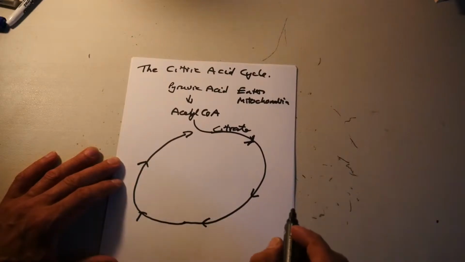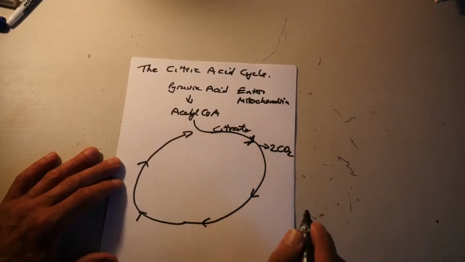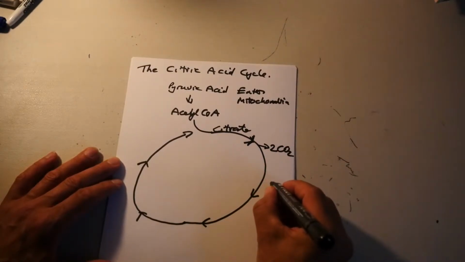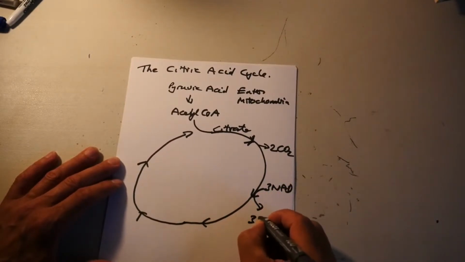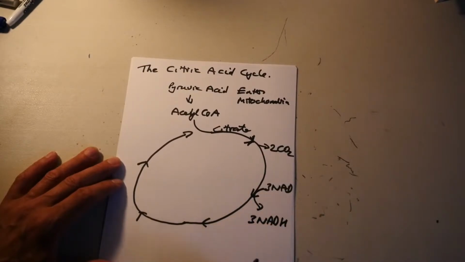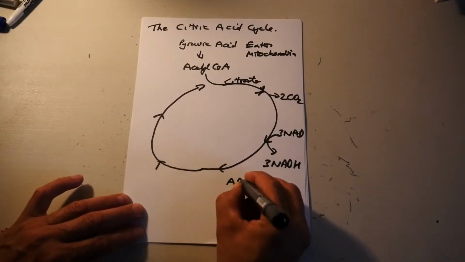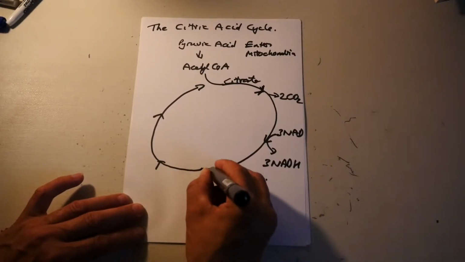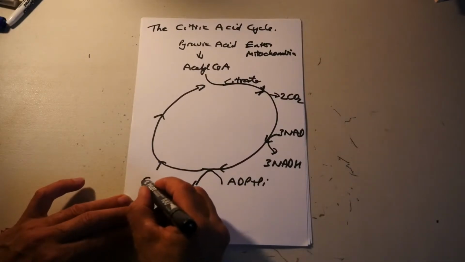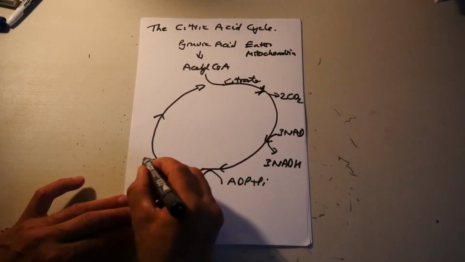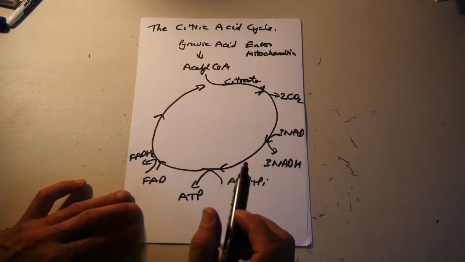On the way you get two CO2 molecules released, 3 NAD are made to 3 NADH, ADP plus inorganic phosphate is converted to ATP, and FAD is converted to FADH2.